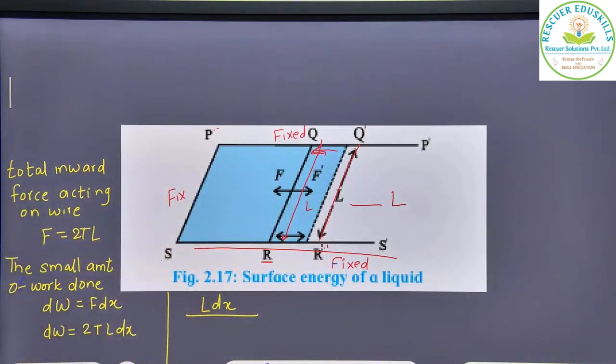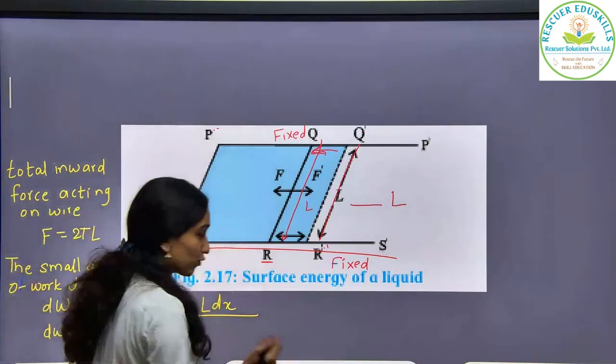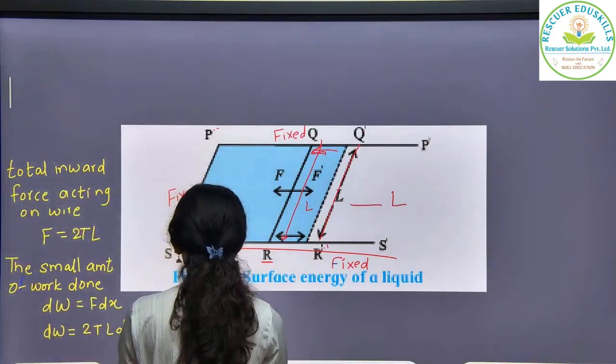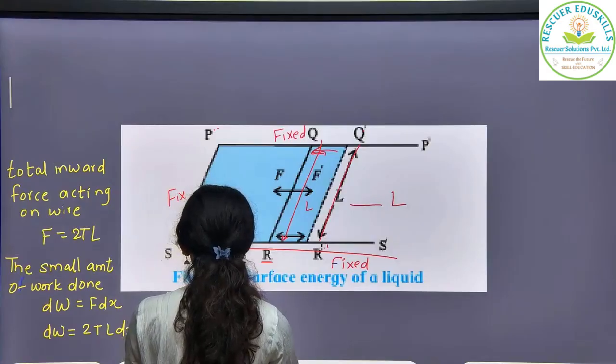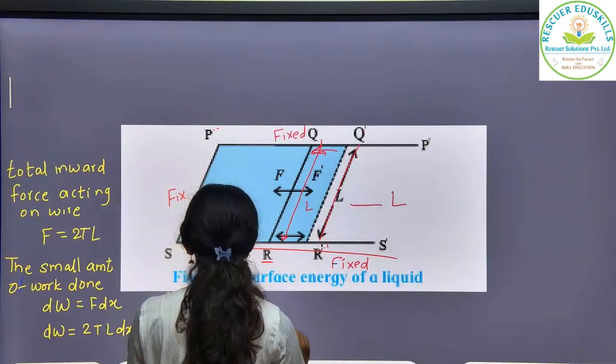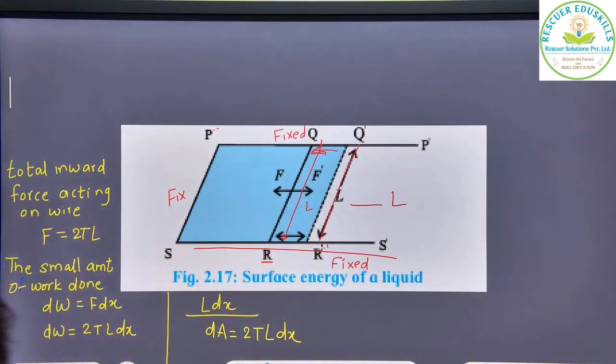The total area will increase by 2, so we can write dA is equal to 2L dx. Why did we write this? Because the soap film is on two surfaces, so the total area will increase, right?